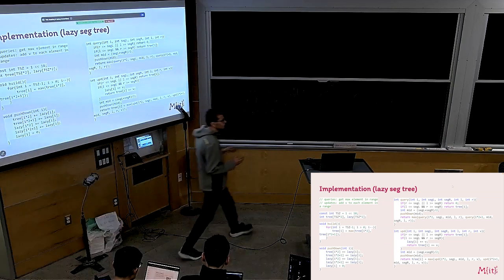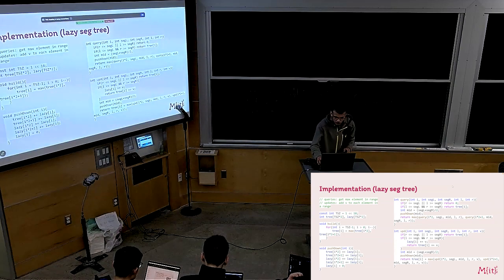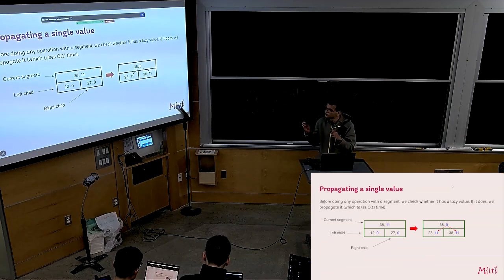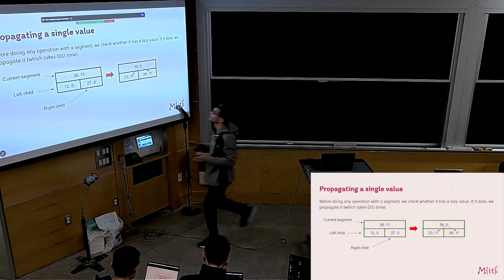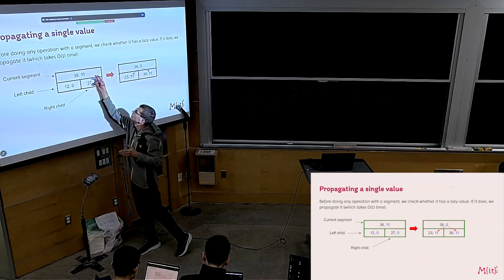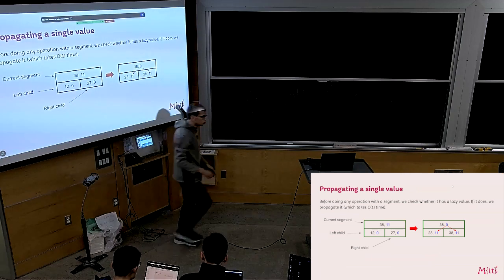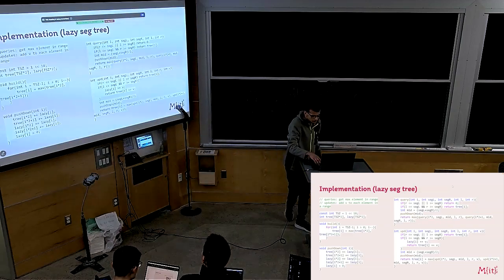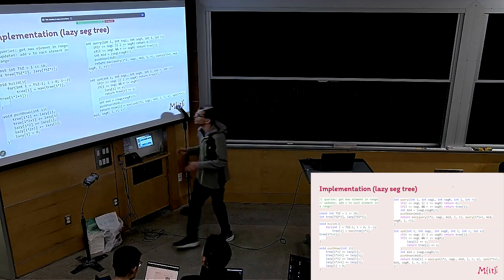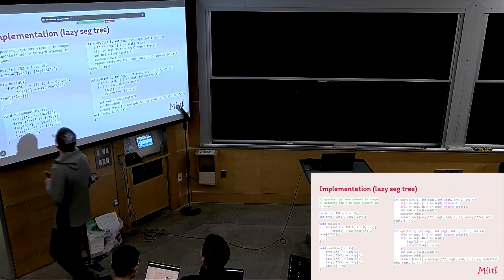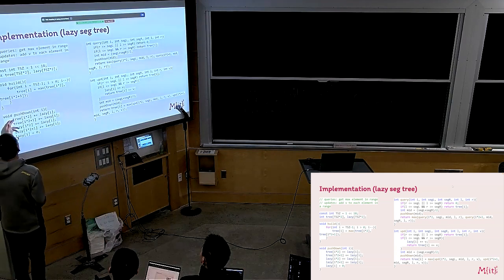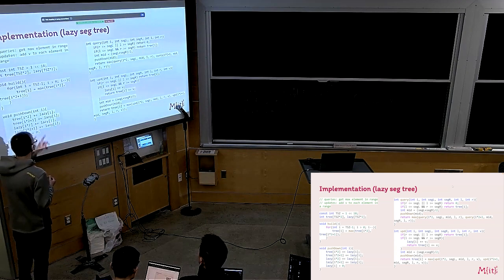But this pushdown function does basically what I described in this slide, where it takes a single segment as its parameter and it expands the lazy value to its two children. So the way I do that is, I actually just increment these values by the lazy value of the current segment.